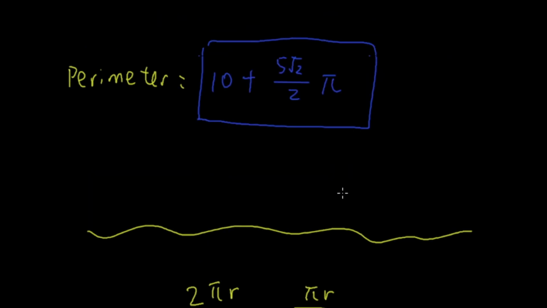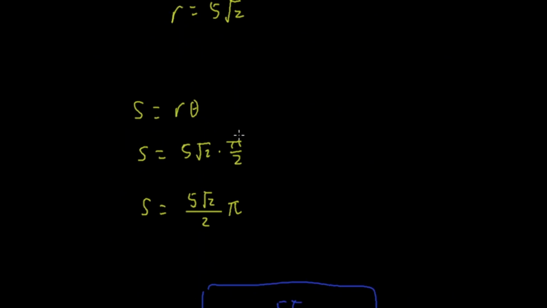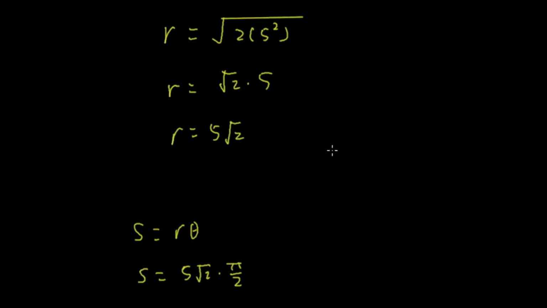An alternative way to see that is this. The circumference formula is 2 pi r. And if you divide by 4, you get one arc length. And that is pi r over 2. Okay, what's the radius? We do know the radius is 5 square root of 2.